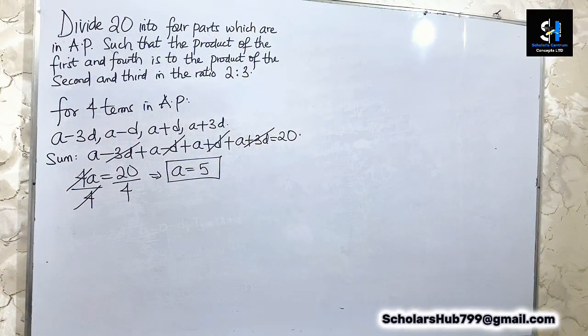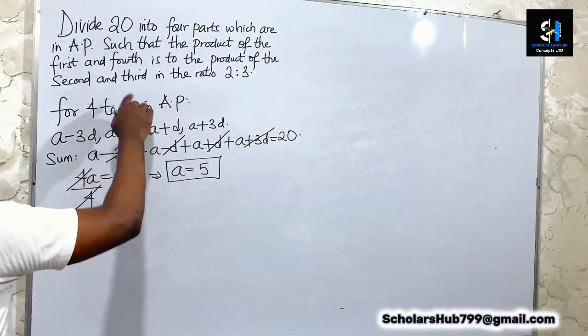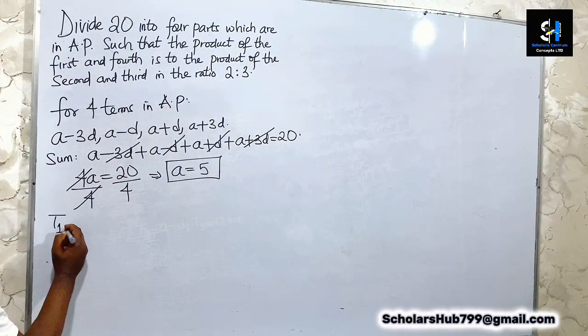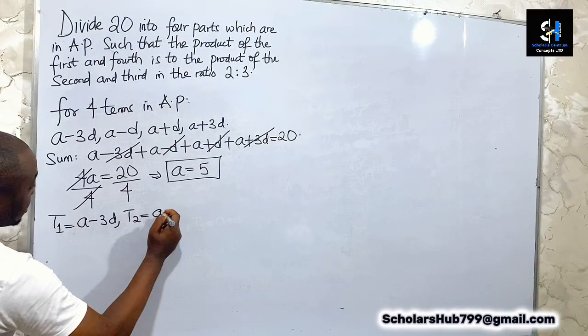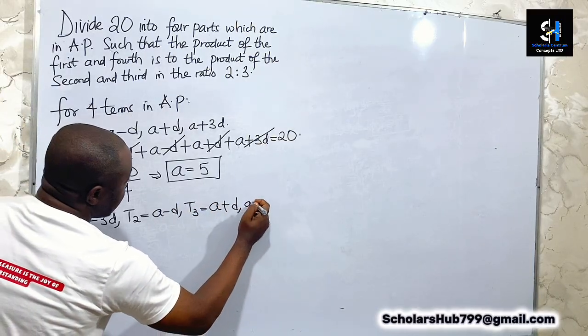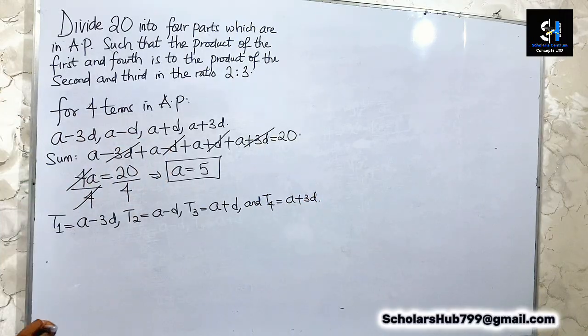Now, according to the question, these 4 parts which are in AP are such that the product of the first and the fourth, let's not forget that the first term is a minus 3d, the second term is a minus d, the third term is a plus d, and the fourth term is a plus 3d, is to the product of the second and third term in the ratio 2:3.